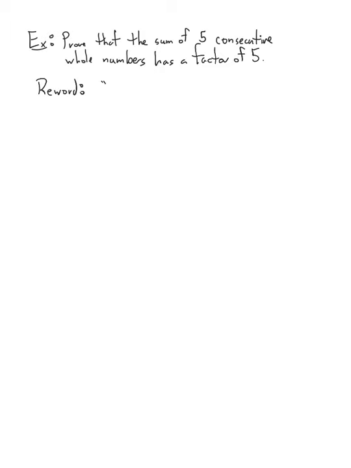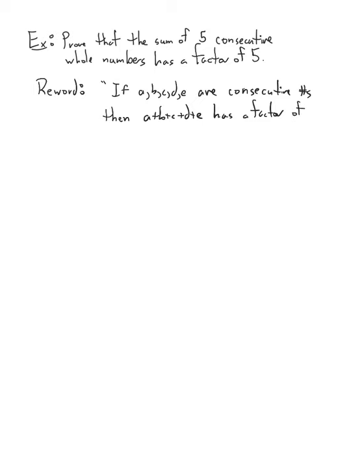So rather than saying the sum of 5 consecutive numbers has a factor of 5, maybe you can say, if A, B, C, D, and E, say, are consecutive numbers, then the sum of them has a factor of 5.